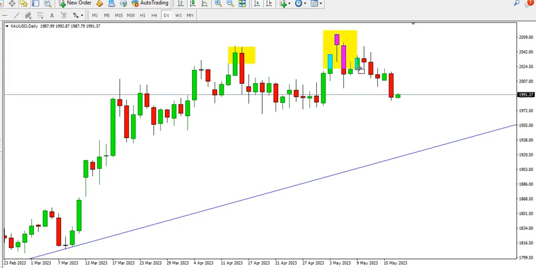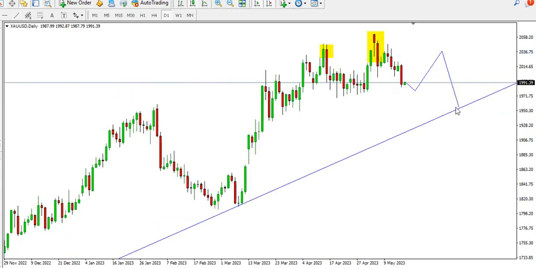At the end of the period, we might be seeing something like a triple top for gold to descend first to this ascending trend line, and then a break and a retest of that trend line might send price lower.